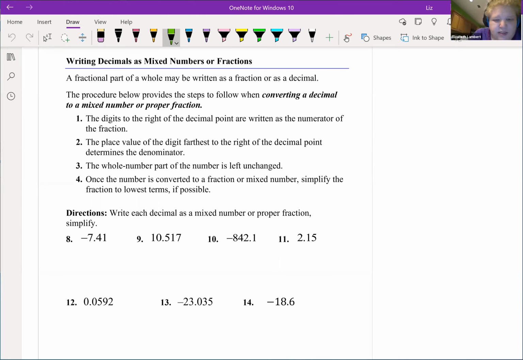Write each decimal as a mixed number or proper fraction, simplify. All right, so number 8 here, we have -7 and 41/100ths. So we start with the whole number part, which is still -7. And then next to that, we put our fraction. Like I said, tenths, hundredths. So we're going to put the 100 on the bottom and the 41 on top.